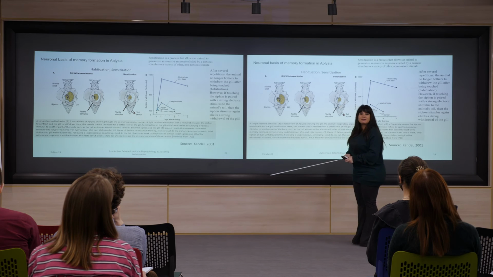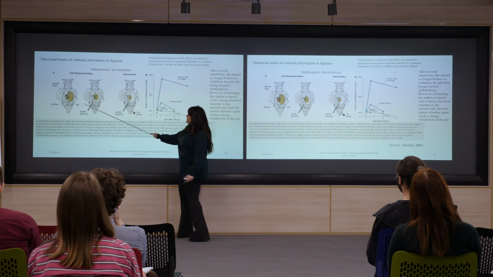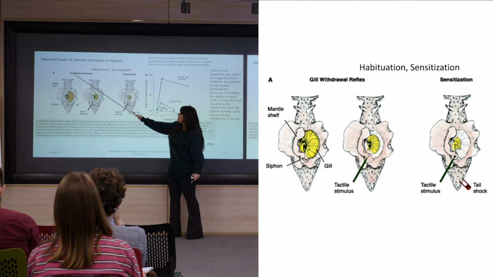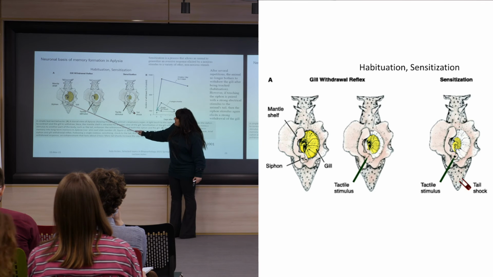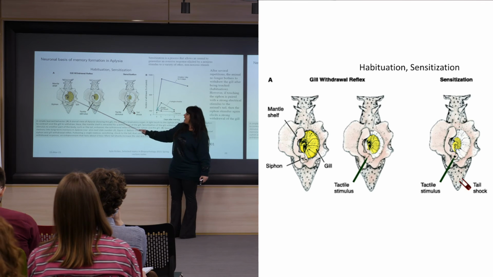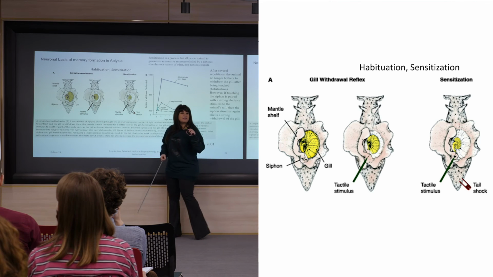Here in this experimental paradigm, I would like to show you this is the head of the sea slug, and this is the tail, okay? It has this area called the siphon and the gill. And this animal has a specific reflex.